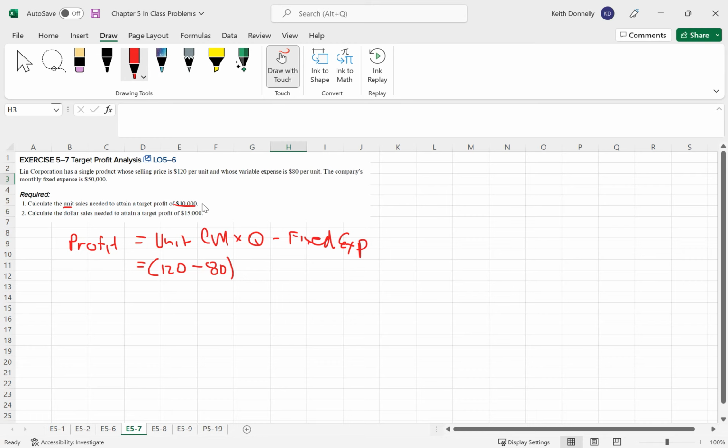Our desired profit is $10,000. Times the quantity minus our fixed expenses of $50,000. Right, the idea with this is if you rearrange this guy right here using simple algebra, Q, the quantity, is going to be 1,500 units.